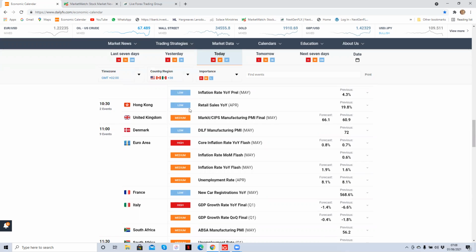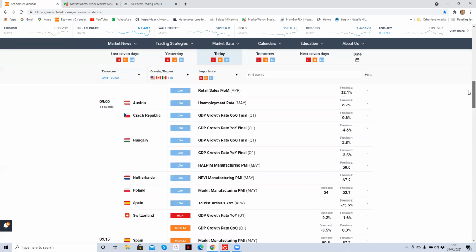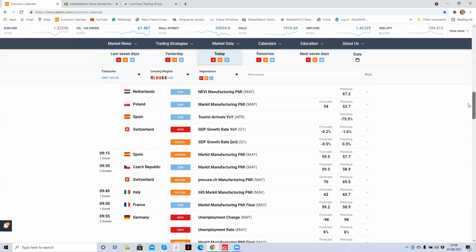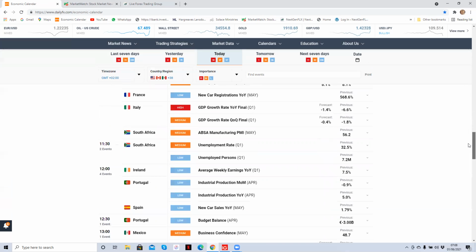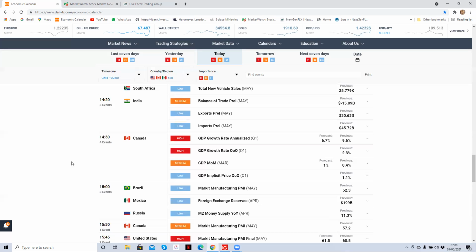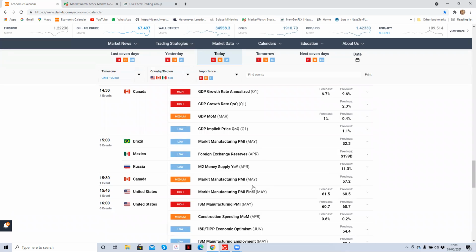Then for the dollar Canadian dollar, today, the first report of significance is at 2:30. At 2:30, we have the GDP growth rate from Canada, which is significantly more important than the US reports later.